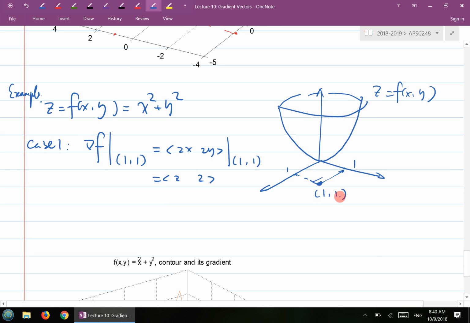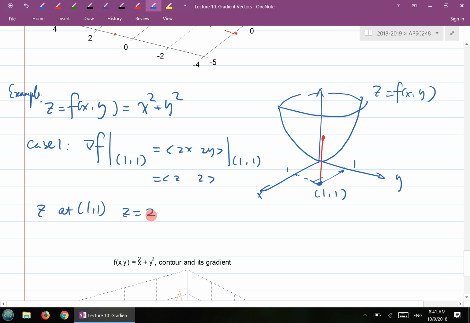At this particular point, if you go up to the surface, that's going to give you a z value. So z at (1, 1) will be what? Plugging 1 and 1 in here, you get z equal to 2.